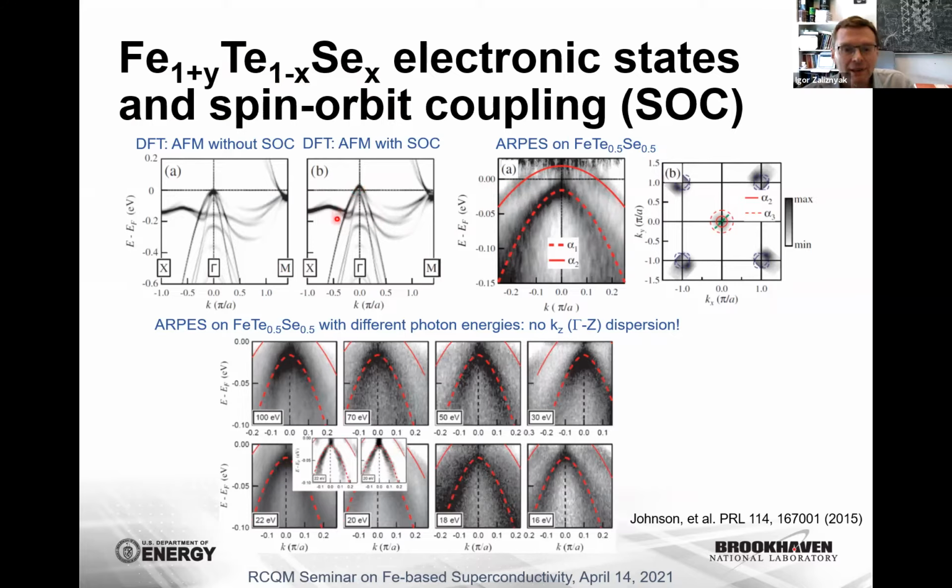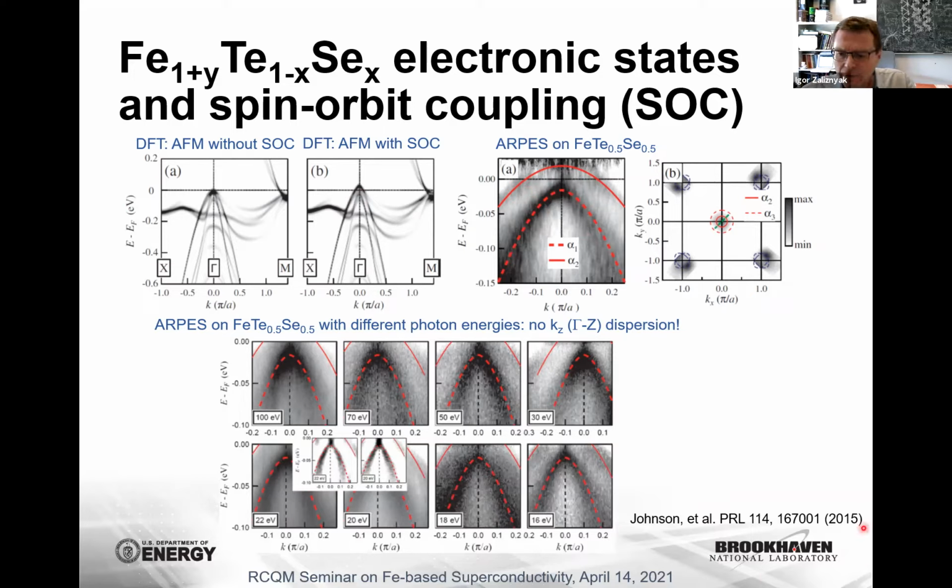But what they discovered is that it is also extremely important to take into account the spin-orbit coupling, which is strong on the tellurium atom and is transferred onto principally dxz, dyz derived bands, alpha 1 and alpha 2, which are spin-orbit split. So this was interpreted as very large spin-orbit splitting of these two bands at the Fermi level.